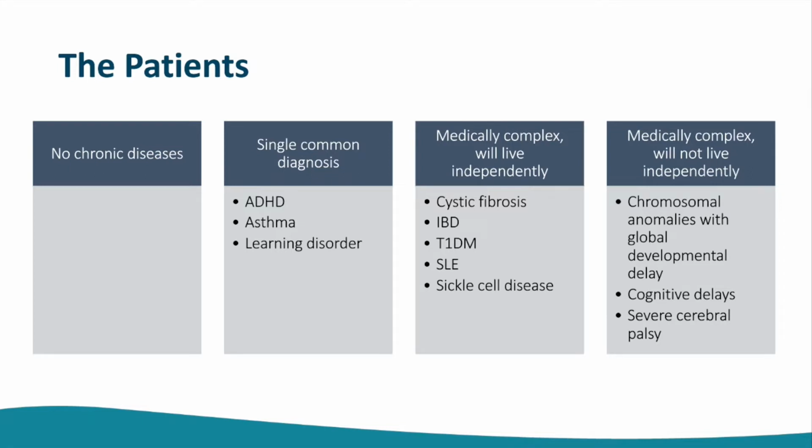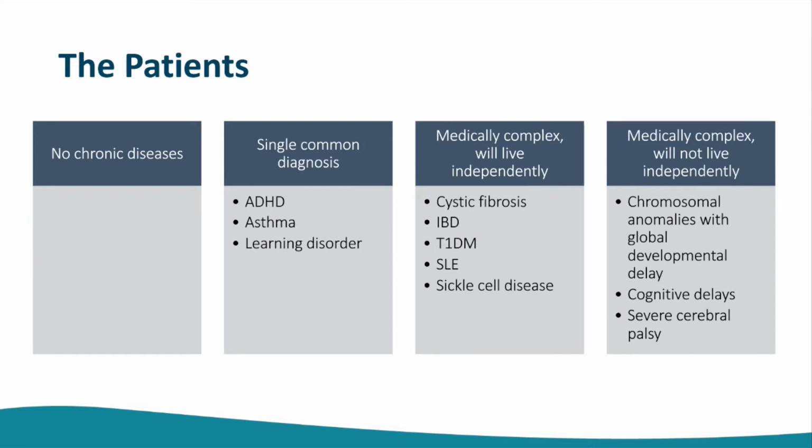Then there's a group of patients that are medically complex and they're going to live independent lives, maybe with some support here and there, but ultimately will have the ability to make their own choices. Around this, they'll have very specific skills that they're going to have to learn.